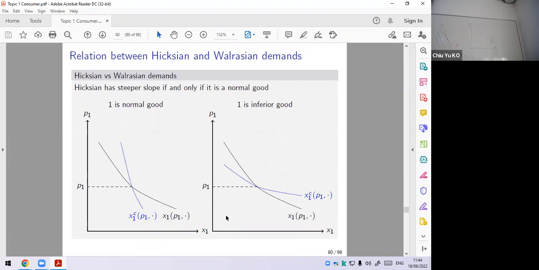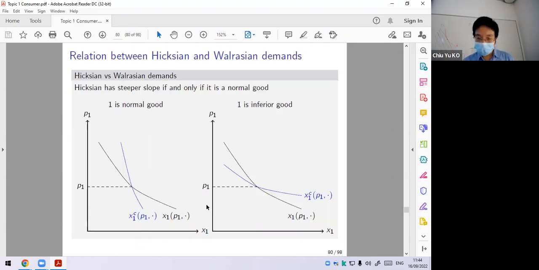How do you distribute this money left? Somewhat like this. So this is positive, this is negative, so go this way, go that way. And an inferior good is the other way around. Because the income effect is negative, that's why you go this way. So this is how this graph looks.